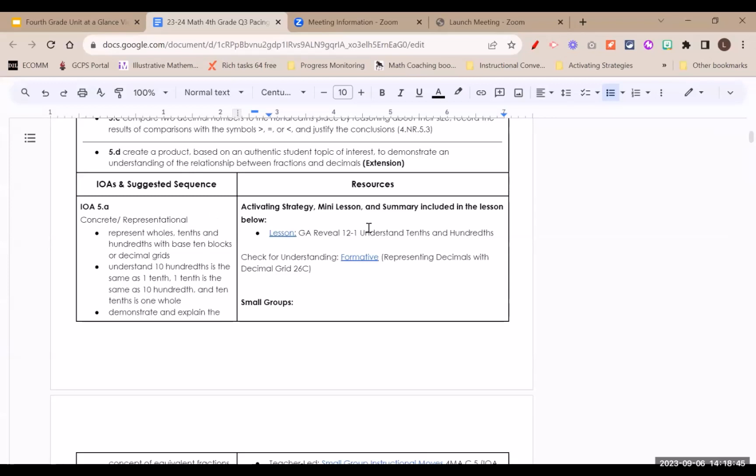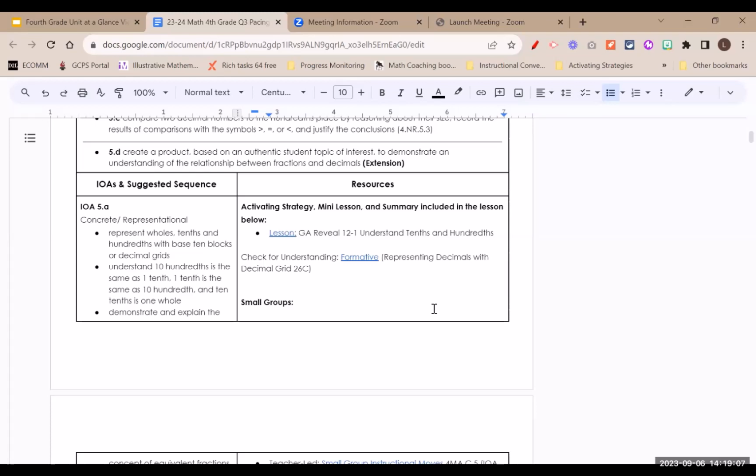The resources for each day are located on the right side of the pacing guide. Resources include traditional lesson plans, task-based lessons, formative assessments, small group instructional moves, student tasks, and any additional resources that are aligned to the learning targets for that day.